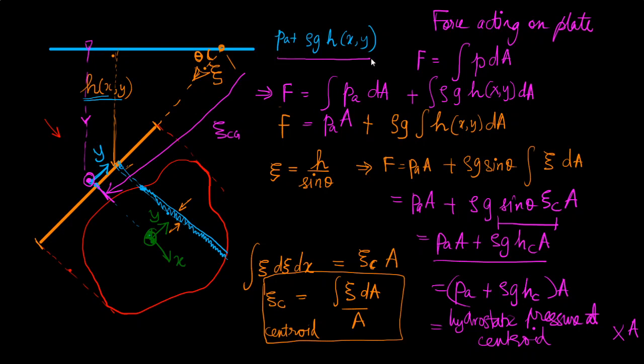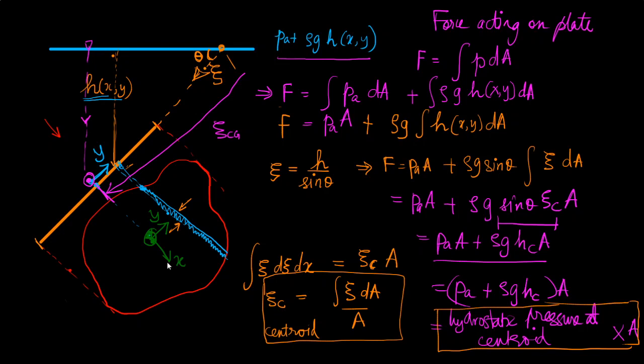So what is the important point to note about this fact? What is the most striking fact? This result is the same as what we had obtained earlier as well. What is the most interesting point about this result? That we can keep any object in any orientation, of any shape, and the force acting on that would be just rho g and the depth of its centroid.